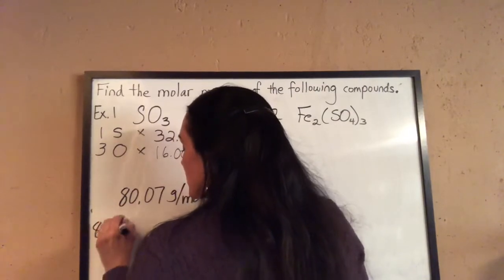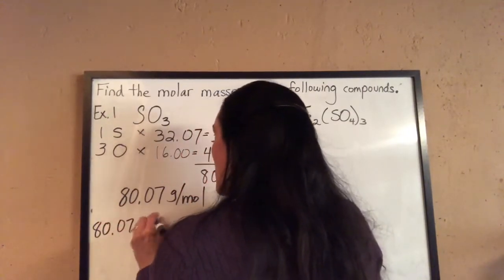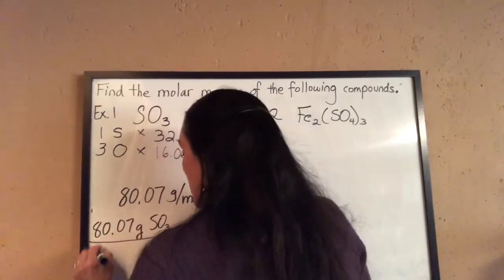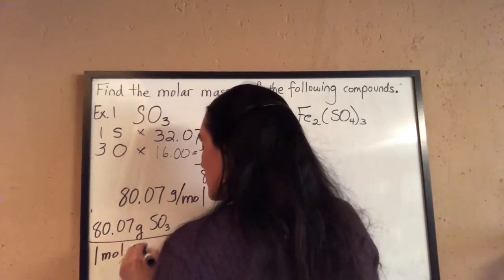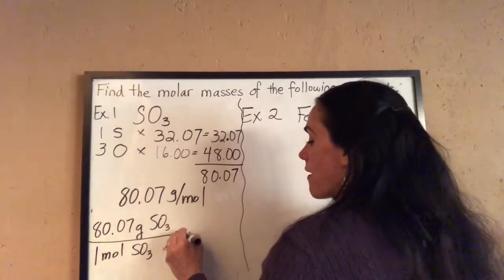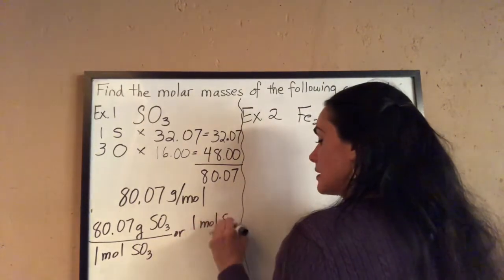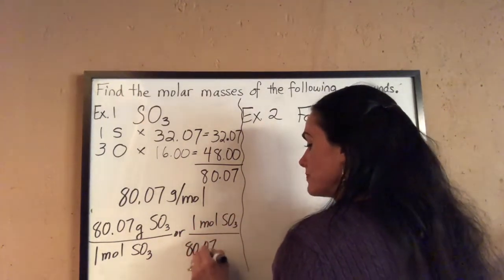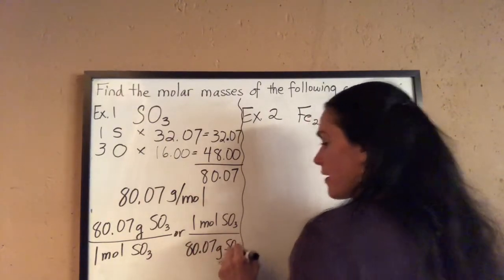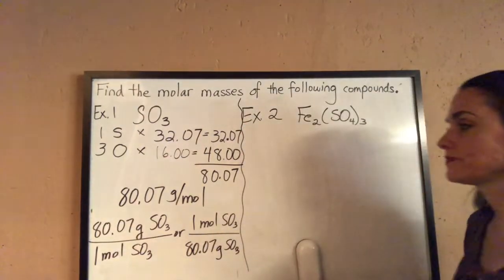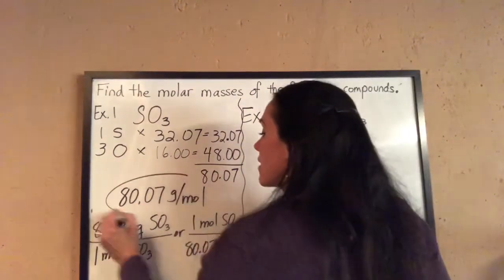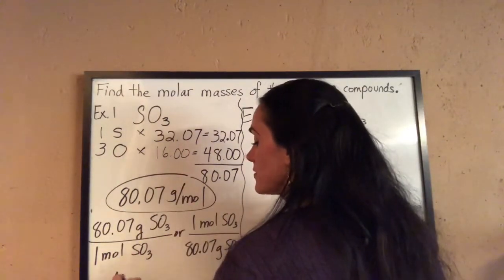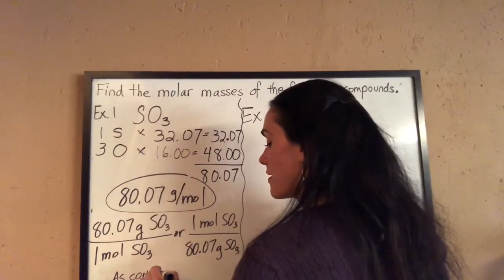I'm going to show you it as a conversion factor as well, because that's how we're going to use it in the next section. So I want you to get some exposure to it as a conversion factor. So this is written as conversion factors.